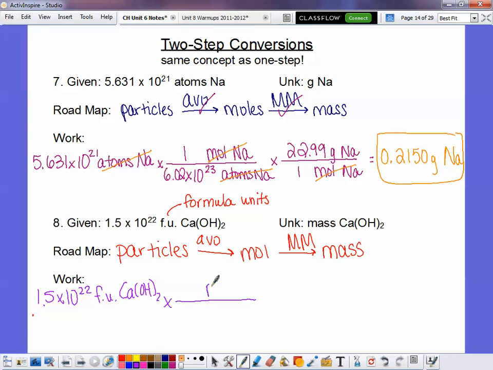Moles over FU, so moles of calcium hydroxide over formula units of calcium hydroxide. And what are the numbers? 1 over 6.02 times 10 to the 23rd.